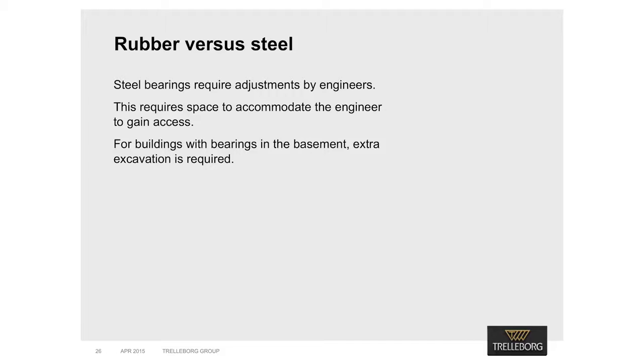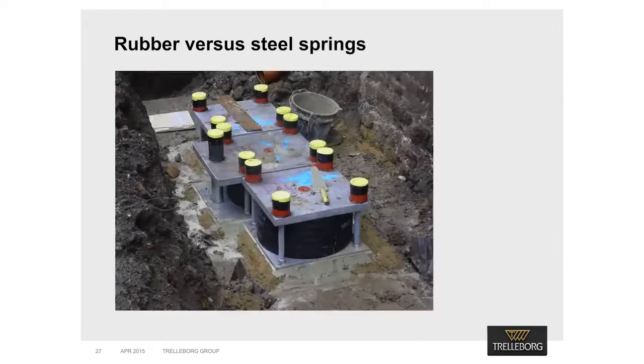For buildings with bearings sited in excavated basements, additional excavation must be completed to ensure that this space is made available. In comparison, rubber bearings do not require any routine attention after they have been installed. In fact, some are cleverly designed to allow remote pre-compression with self-releasing tie rods. As such, they eliminate the need for deep trenches for personnel access.